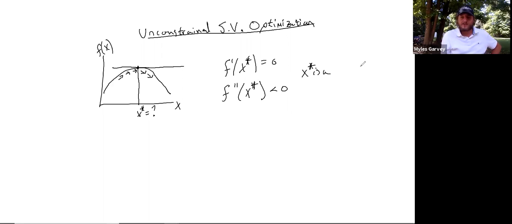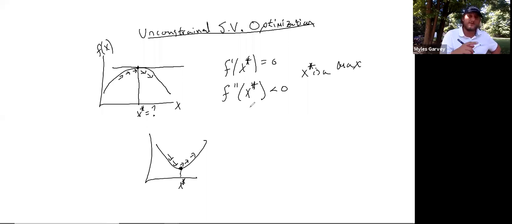In that case, then we say that x is a maximum. On the other hand, suppose that we want to find the lowest possible value, in which case we're seeing the slopes change from negative to positive. And the only way that slopes can change from negative to positive is if the slope of the slopes at the x star is positive.